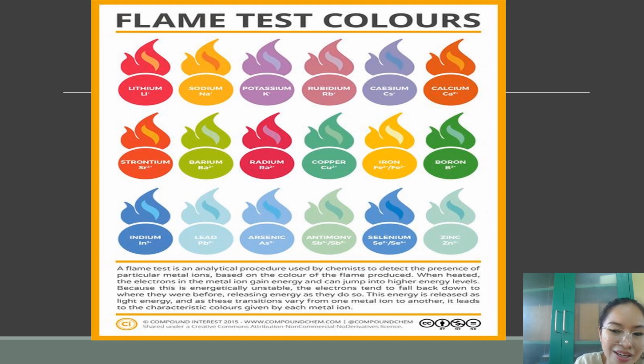If we do not know what kind of element we have, an unknown element, we can use the flame test colors, because as the electron releases energy, it will jump down and release flame, and no atom would have the same color of flame. For example, lithium is red, sodium is yellow, potassium is light blue. So no same color for any kind of element. They have different colors, and we can use this.